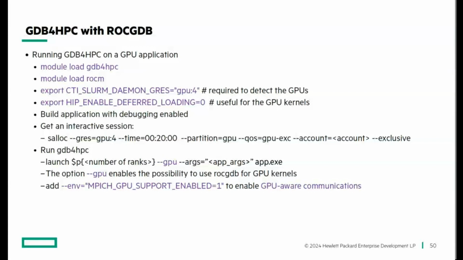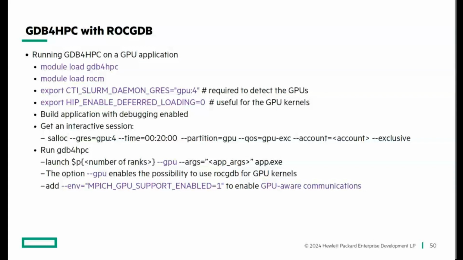You then build your application with debugging enabled. You would then request an interactive session, run GDB for HPC, and then use the following launch command, where the only thing that would really differ is this --gpu flag to specify that you're using a GPU. It enables the possibility of using rocgdb.